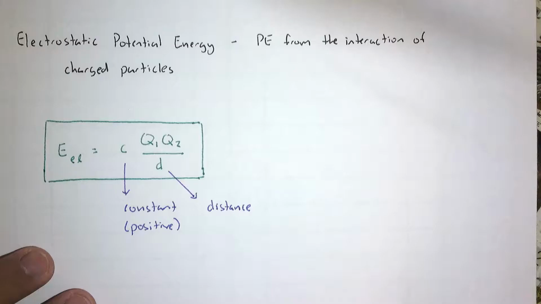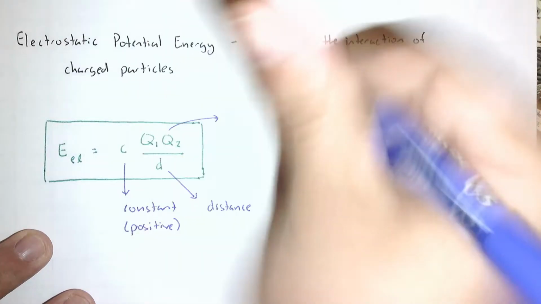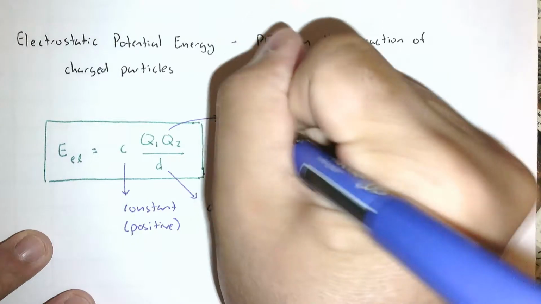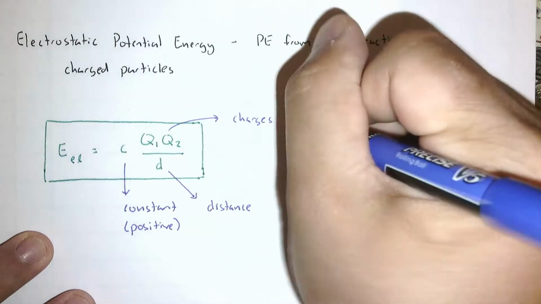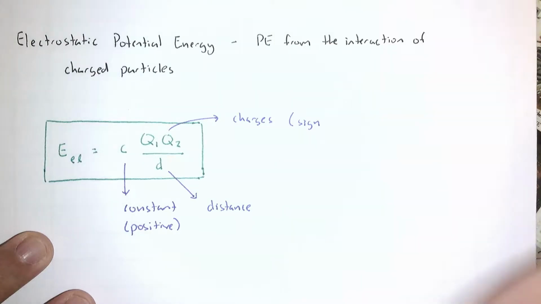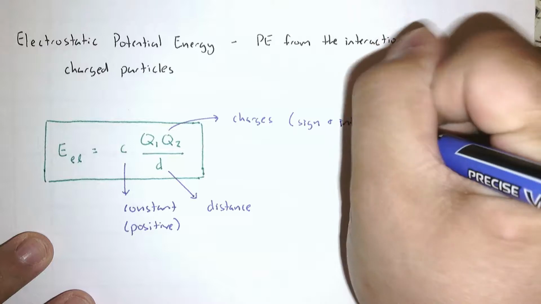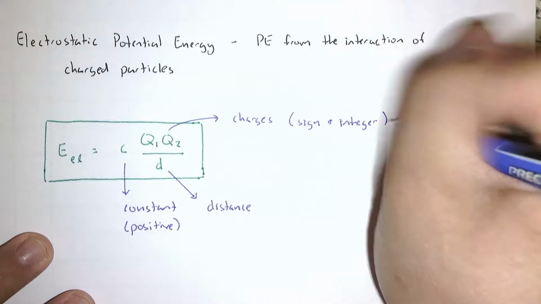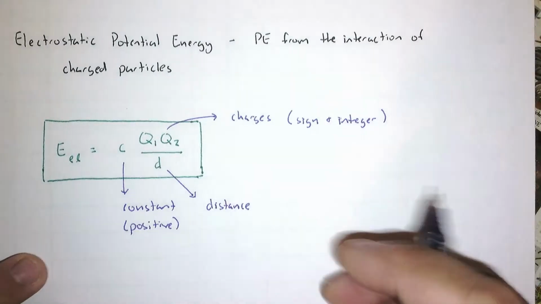Q's. These are the two charges. And you're going to see a sign, plus or minus, and most likely an integer. Negative 1, positive 2, positive 4, etc.